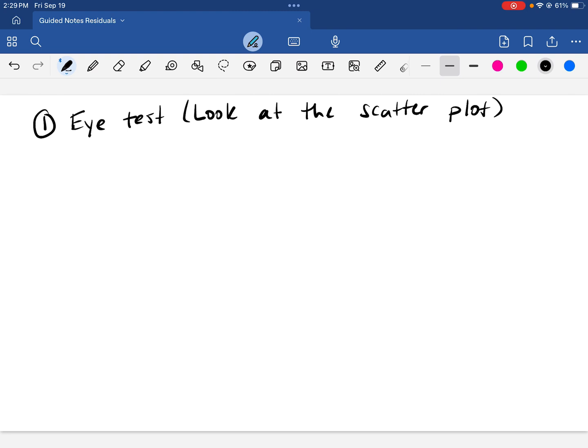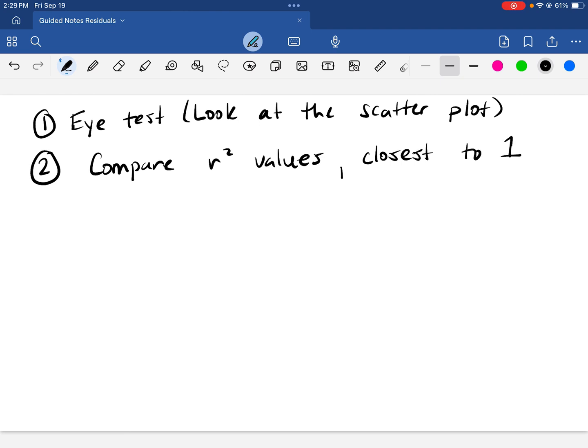Does it look linear? Does it look exponential? Once you've looked at the eye test and you're still not quite sure, maybe you can compare r squared values. Remember, we want closest to 1. That is the best fit.